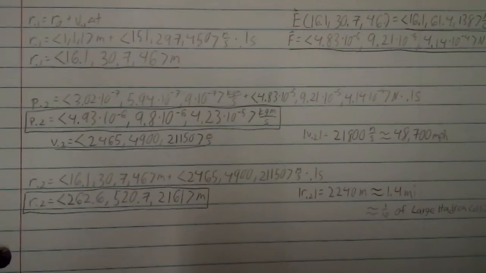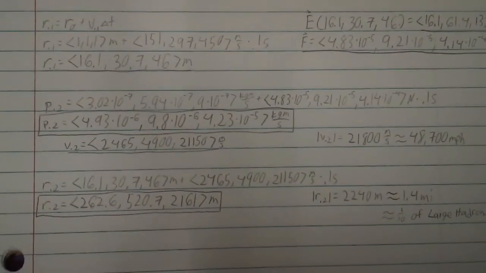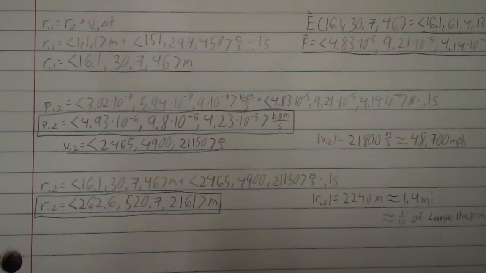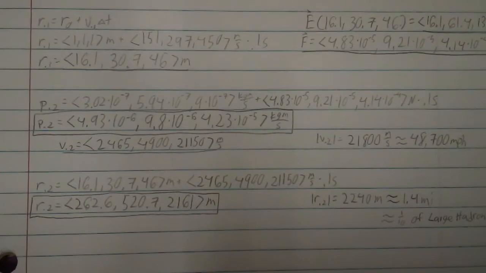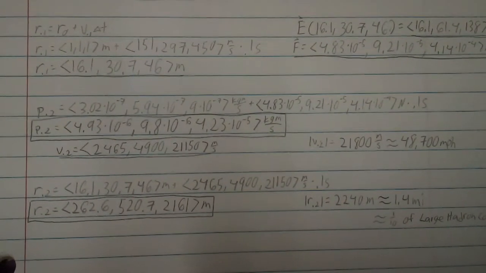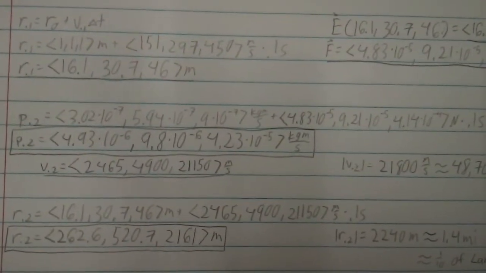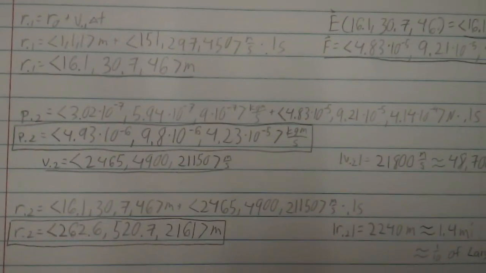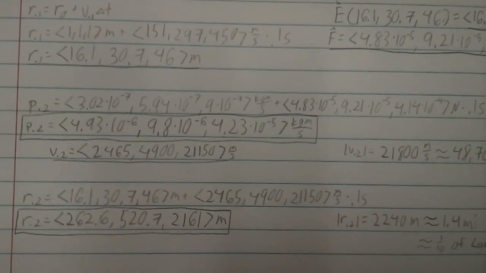Then, again, we use a momentum update equation, except this time we're using the momentum from t equals 0.1. So, the momentum from t equals 0.1 plus the F net delta t, and we get 4.93 times 10 to the negative 6th, 9.8 times 10 to the negative 6th, 4.23 times 10 to the negative 5th kilograms meters per second.